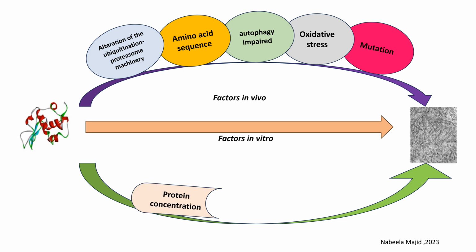In factors in vitro, high protein or peptide concentration shifts the thermodynamic equilibrium towards the aggregated phase, nucleation and polymerization model. Acidic pH promotes partial protein unfolding and exposure of aggregogenic regions.